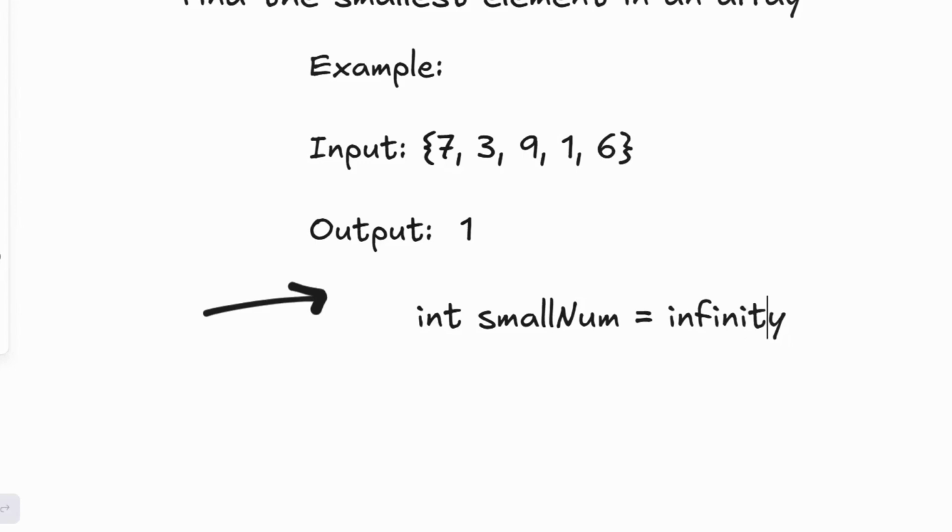Why are we initializing plus infinity? Because we are going to compare the largest number with the numbers present in the array, and whichever is the smallest, we will update it. We'll see that further.